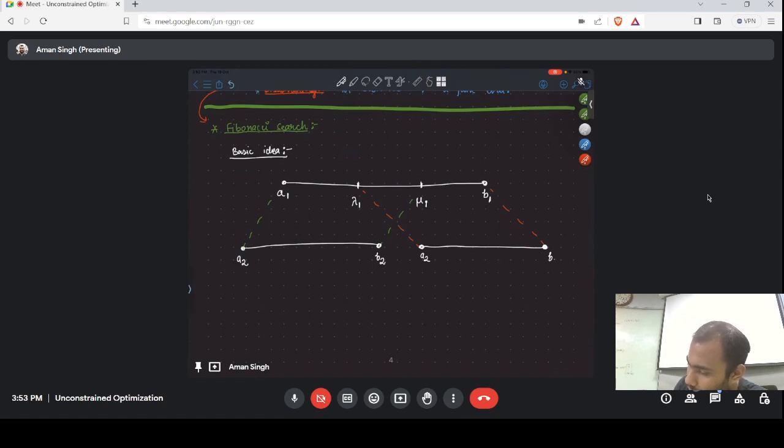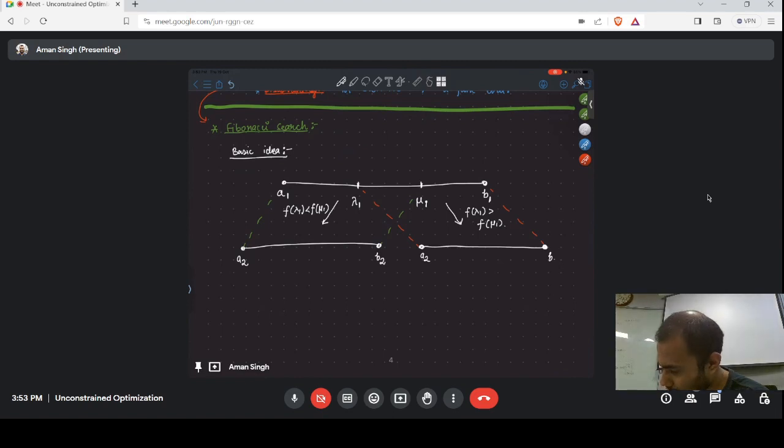So this will happen if f of lambda 1 is less than f of mu 1, and this will happen otherwise, if f of lambda 1 is greater than f of mu 1. Yes, this is correct. So this is what the next iteration will look like.